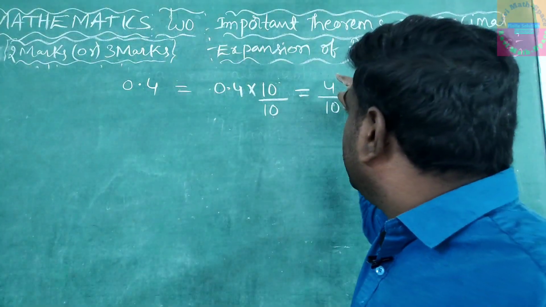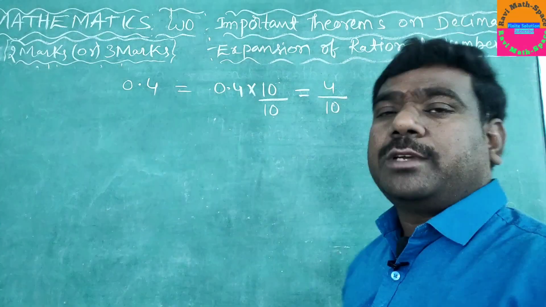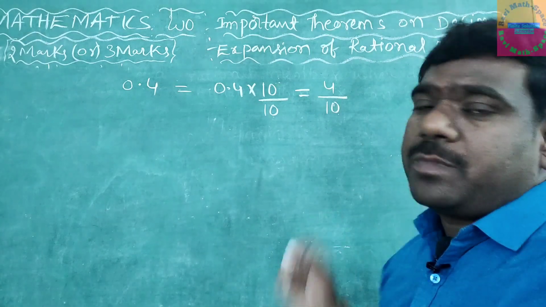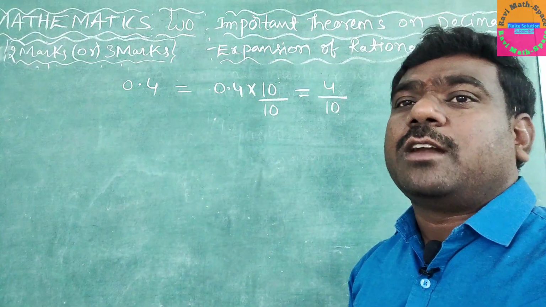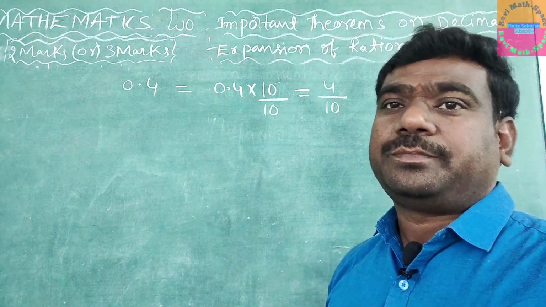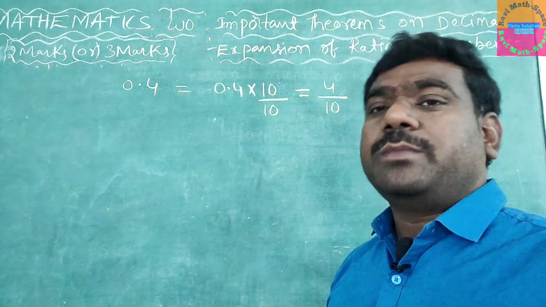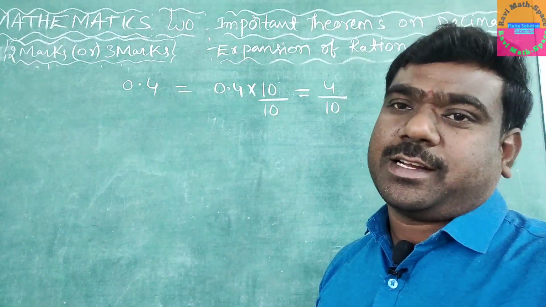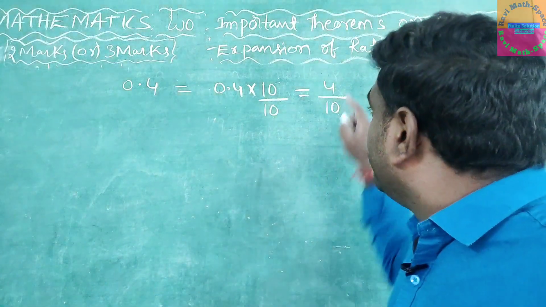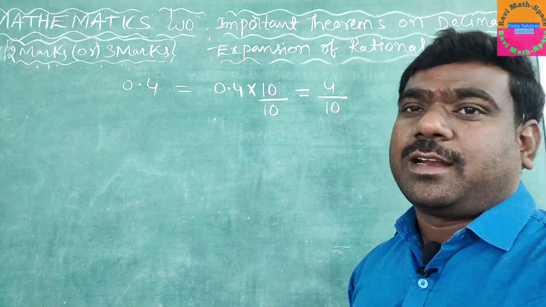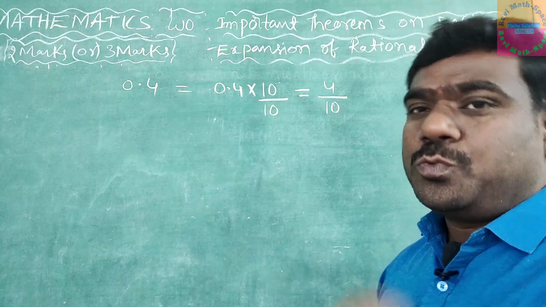Now it is in the form of P by Q, but it is not coprime. The numerator and denominator are not coprime. 4 and 10 should not have any common factor except 1, but 4 and 10 have a common factor, which is 2.